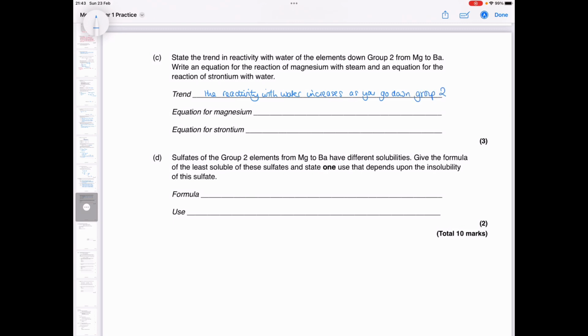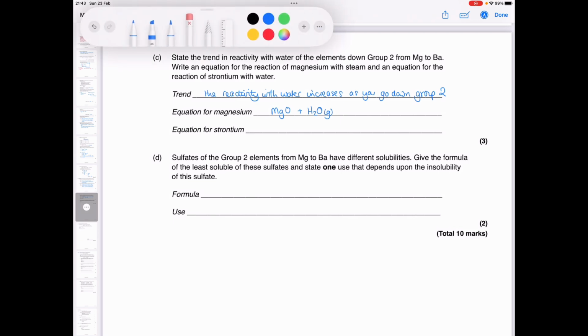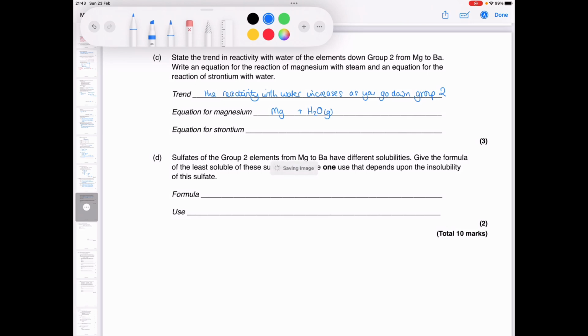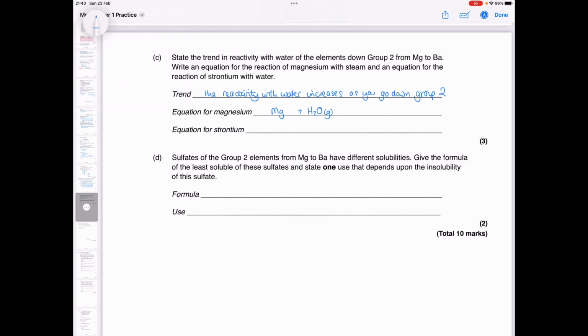And so magnesium with steam: magnesium, apologies, magnesium oxide, magnesium and steam, which is H2 as a gas.